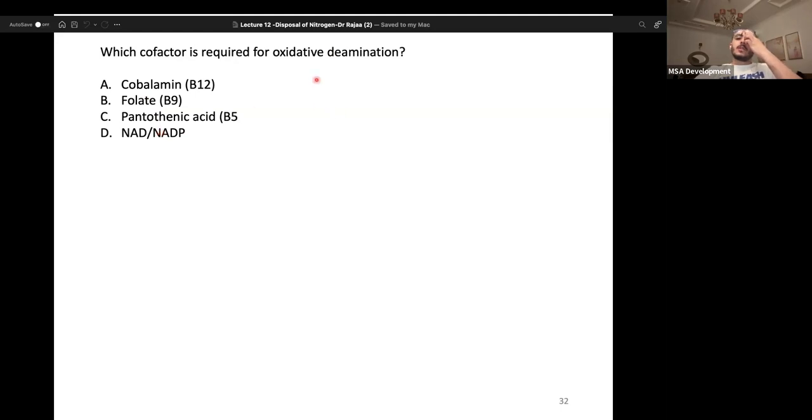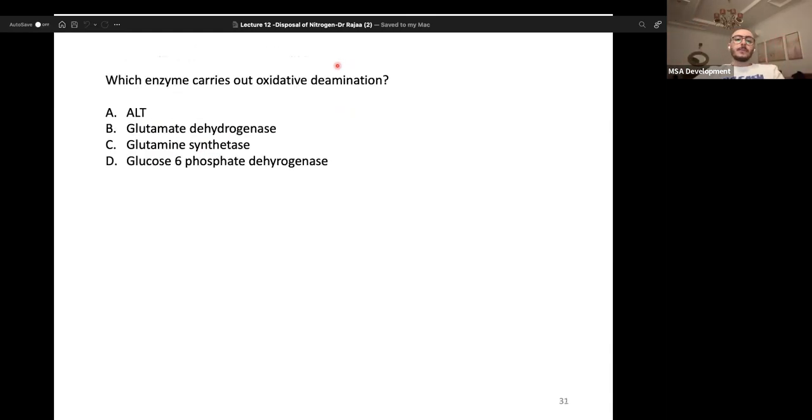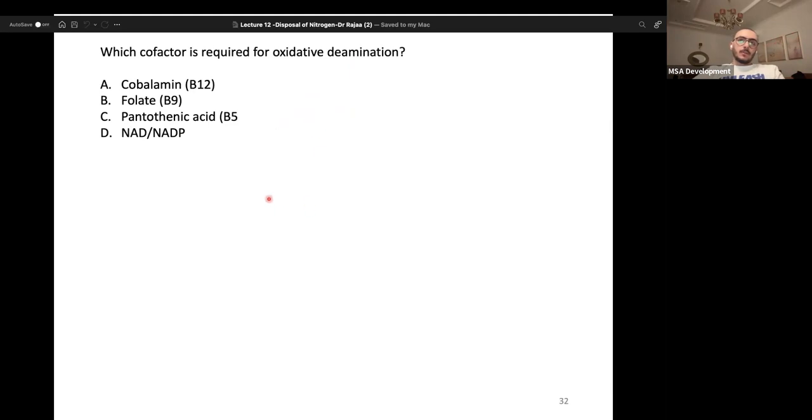You have to know that oxidative deamination is catalyzed by the enzyme glutamate dehydrogenase, as I said here, and glutamate dehydrogenase relies on the cofactors NAD or NADP.